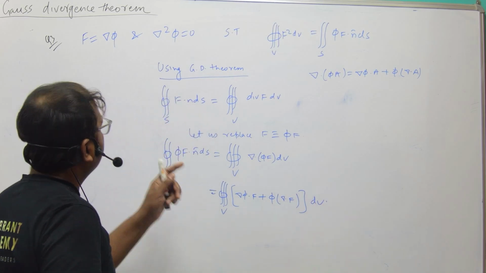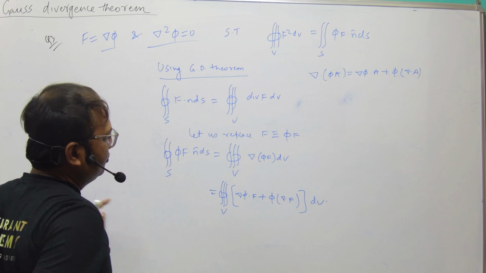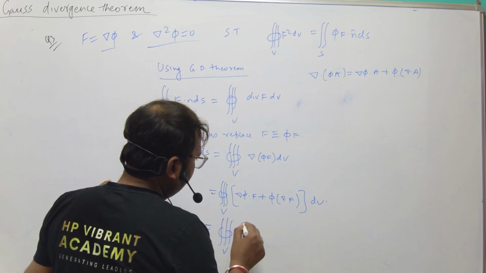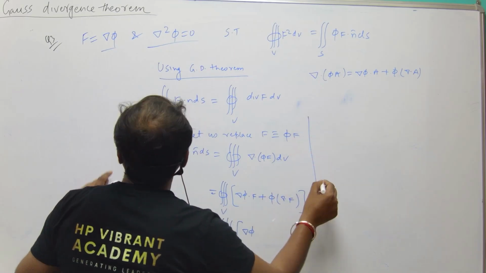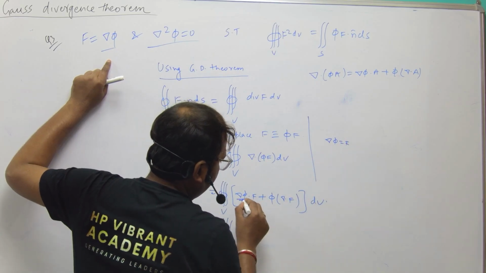Okay, so what is given in the question? F is equal to del phi and del square phi is equal to 0. So del phi is equal to F, so let us place it.